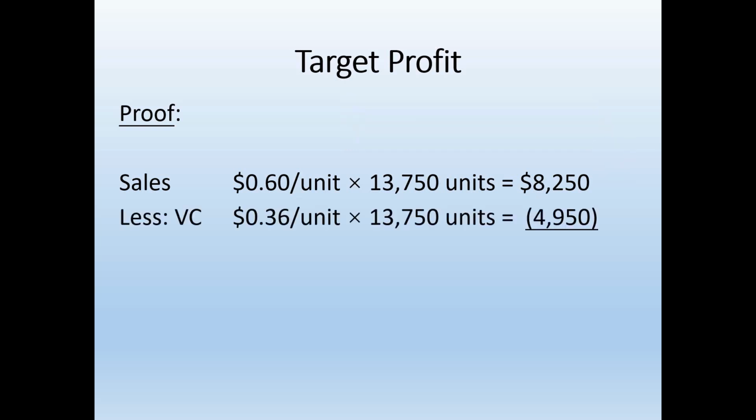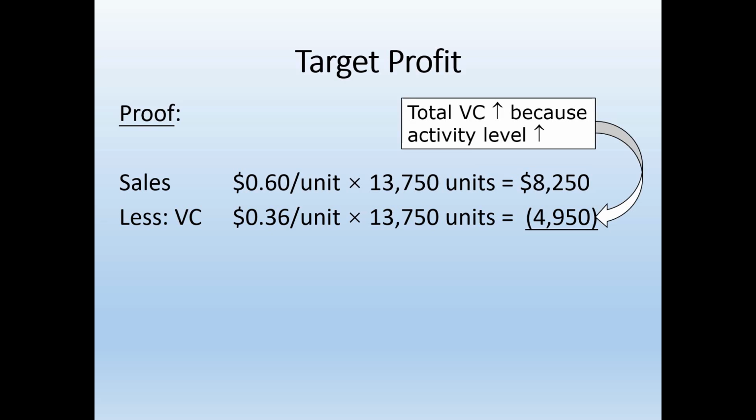We can also figure out how much variable cost the firm will incur by taking the variable cost per unit, 36 cents, and multiplying it by the total number of units. And we notice that the total variable cost has also increased compared to break even because we're at a higher activity level.